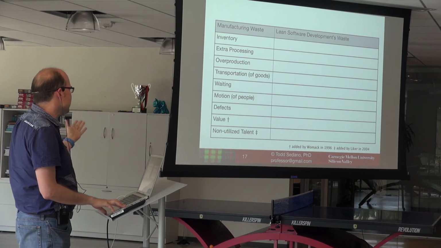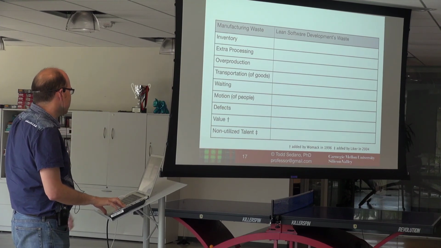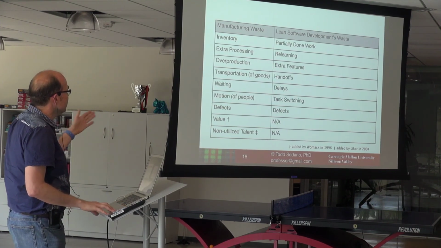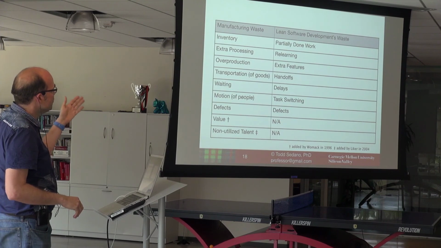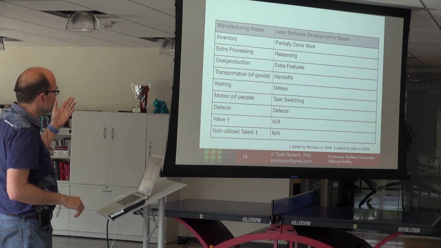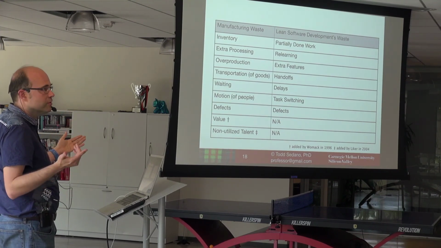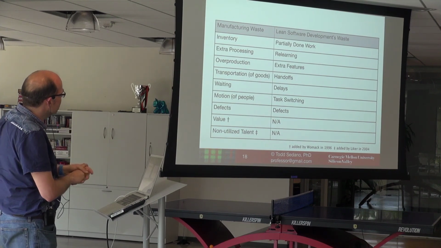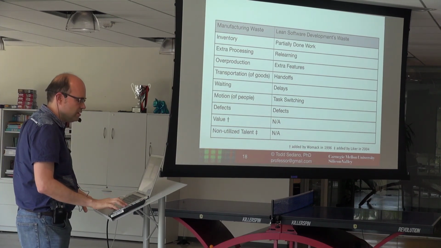And then two consultants added an eighth and a ninth, value and non-utilized talent. And they said, if we squint, we see how these map over to software development: partially done work, relearning, which we talked about earlier, extra features, handoffs, delays, task switching, and defects.